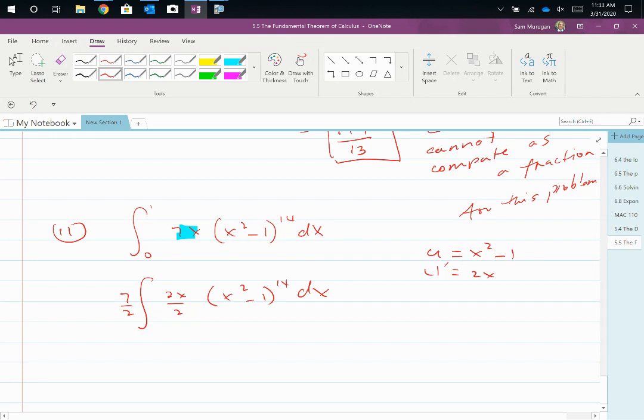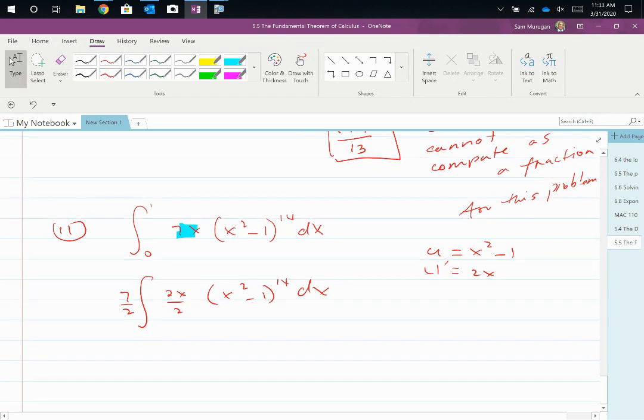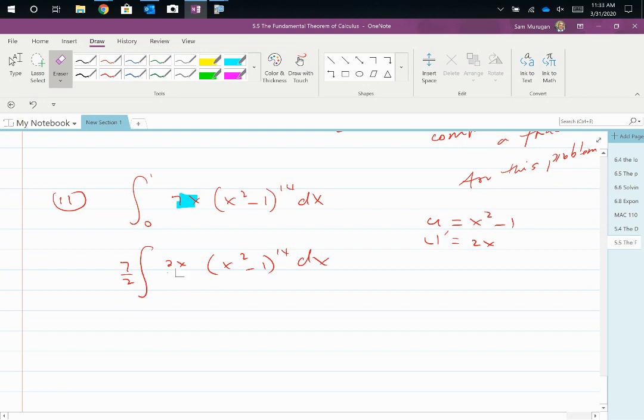Okay, so now you can see that we have what we need here, where this is u, and this is u prime. So the integral then is 7 over 2 times x squared minus 1 to the power 15 divided by 15.